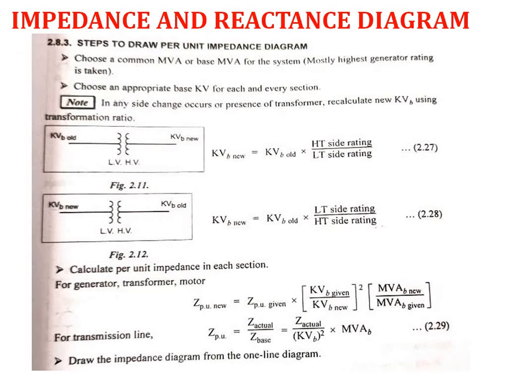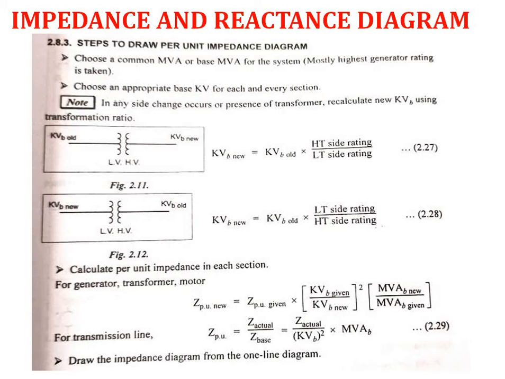Impedance and reactance diagram. In this diagram, for the input side the base is kVb old on the LV side and kVb new on the HV side, where kVb new is equal to kVb old into HT rating divided by LT rating.